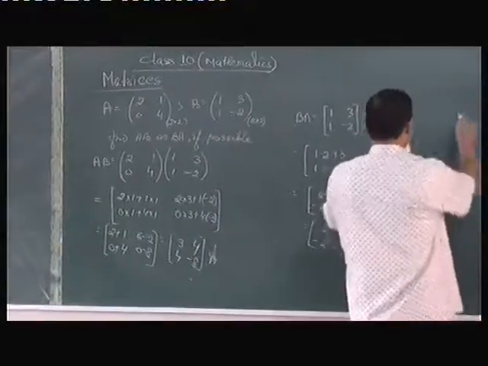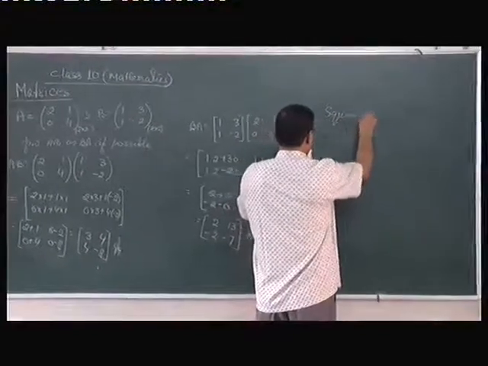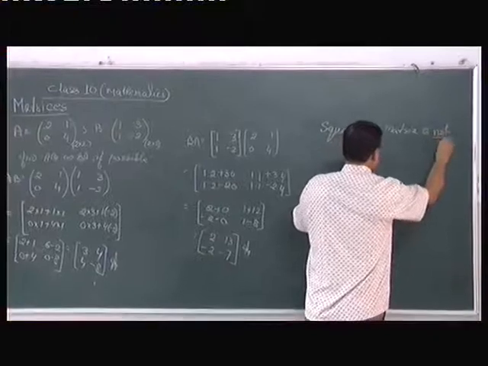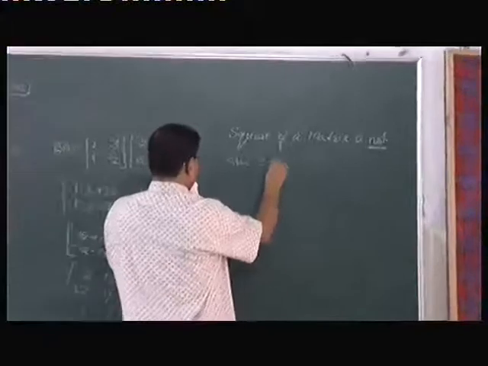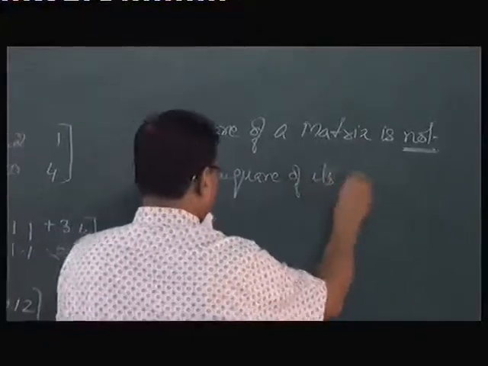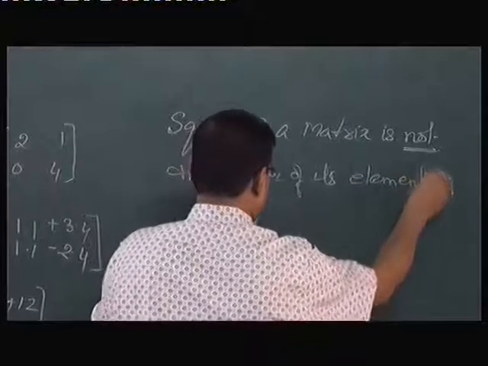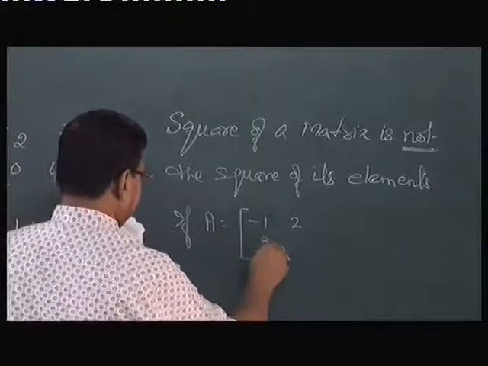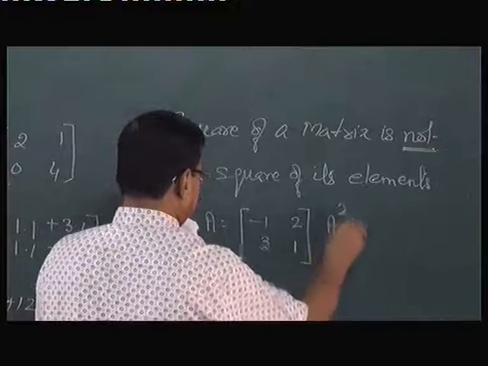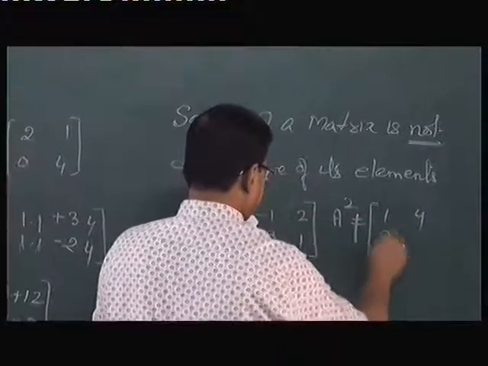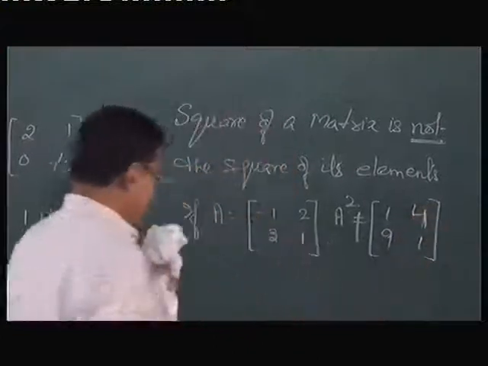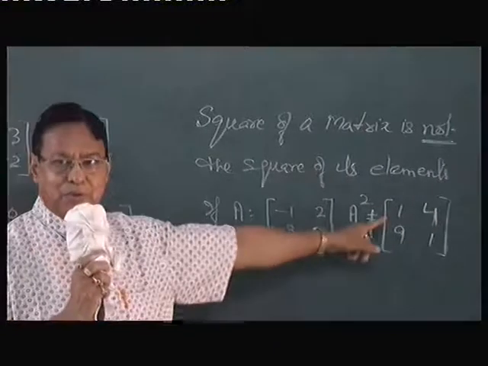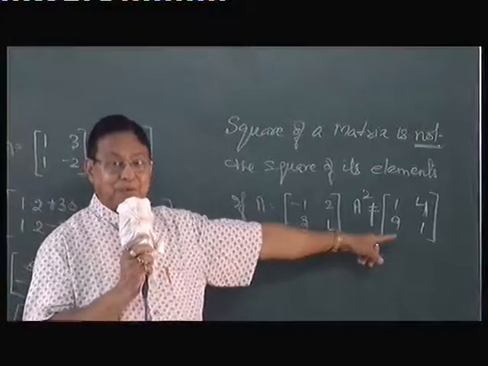So if the matrix A is minus 1, 2, 3, 1, then A square is not equal to the square of the elements. Okay? Then what the square is?